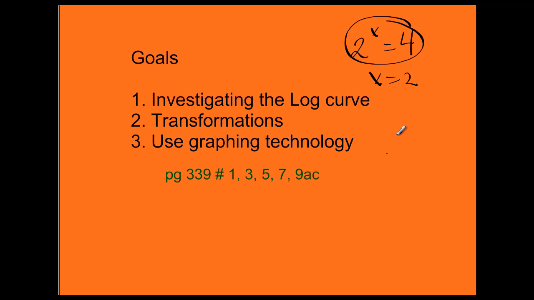To do that, we are always trying to solve for the exponent. So solving for the exponent in this case is x. x is equal to log, the base is 2, it remains the base, and the other number is 4. So being able to move back and forth between exponential and log form is very, very important.